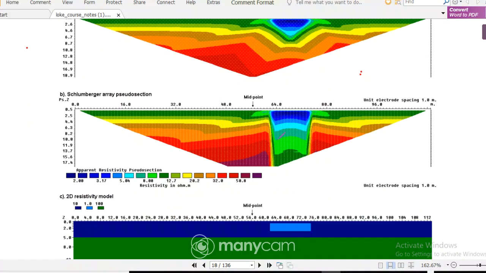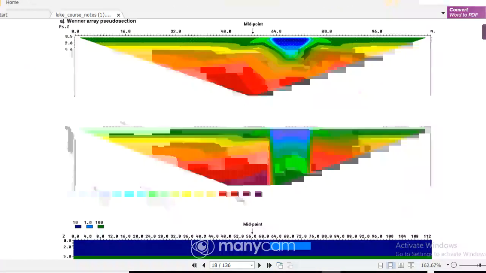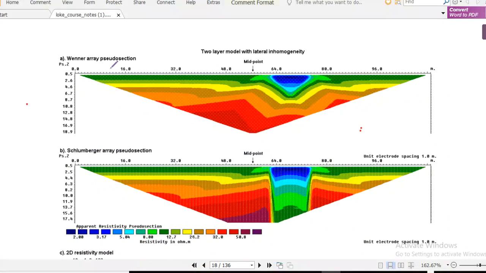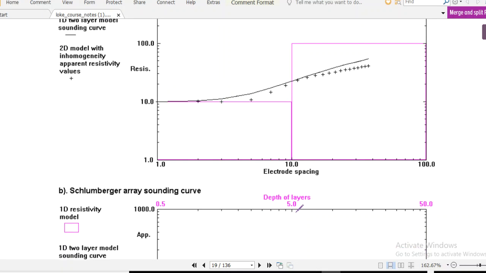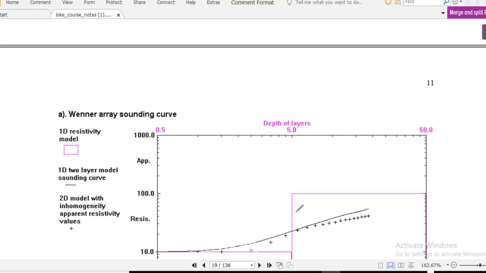For this model, it is somewhat similar and different: similar outside of the anomalies, but different in the anomalies at the low section. So interpretation is not a simple task. Take care of interpretation.